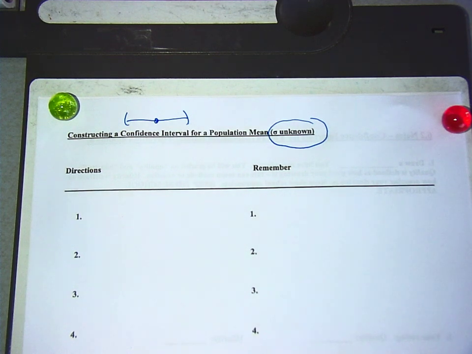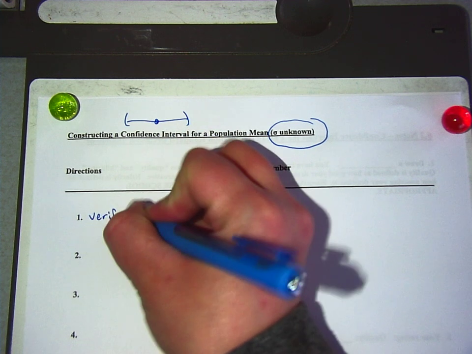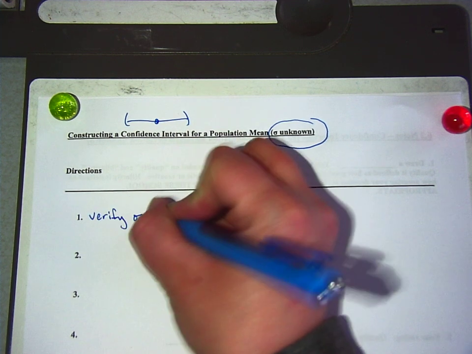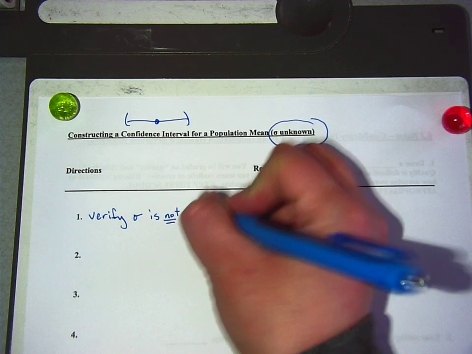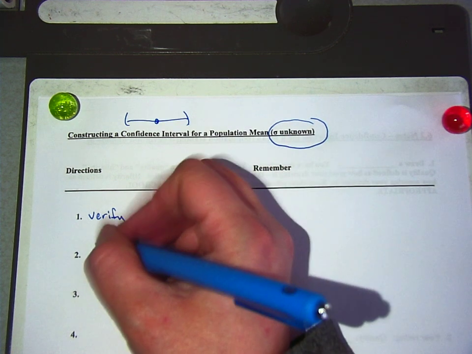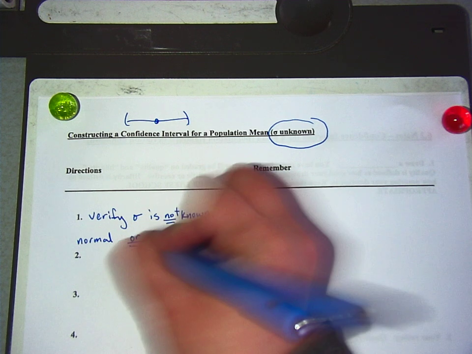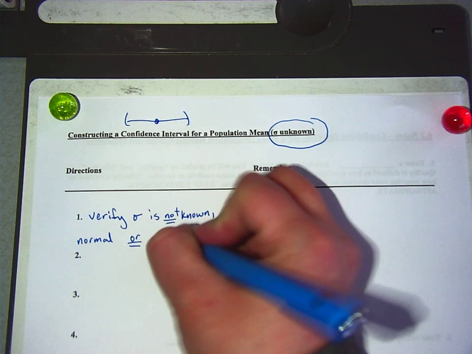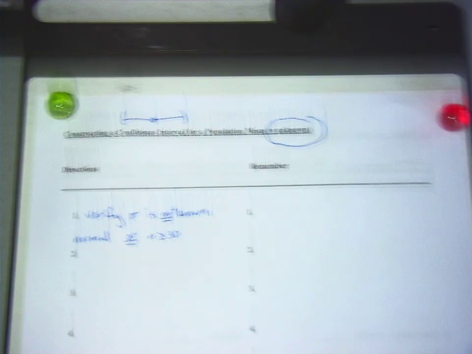Okay, here we go. First, we're going to verify that sigma is not known, and that it is normal or n is greater than or equal to 30. We're going to assume that the hilarity and quality of our cows is normally distributed, which is why we can do this.